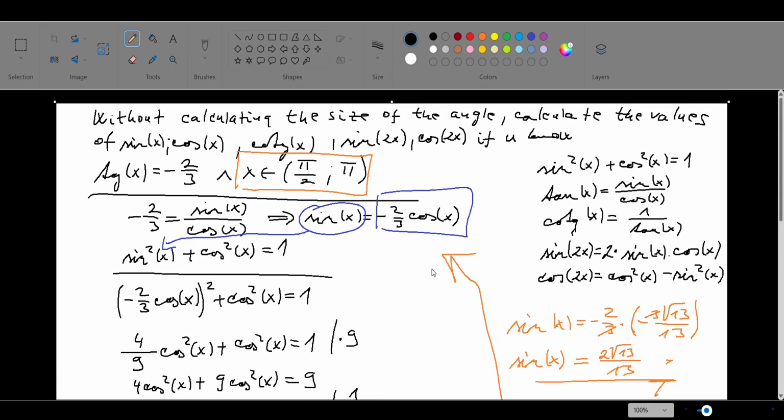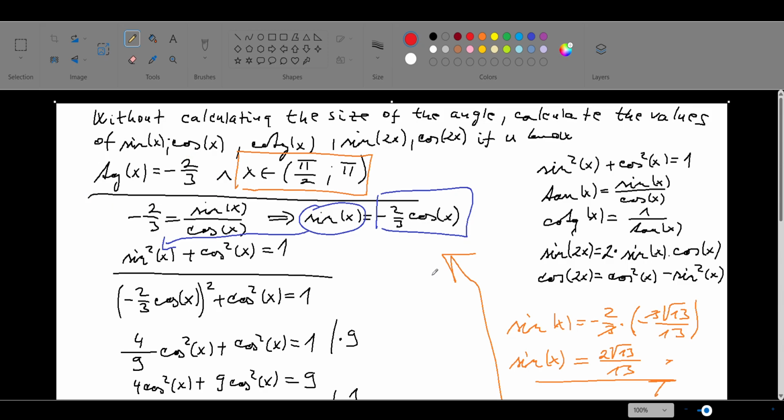but what is the most important about this task in this video is how you can calculate the value of the functions sine and, let me stress it here, cosine of x when the tangent function value is given. The same procedure would apply if the cotangent function were given.